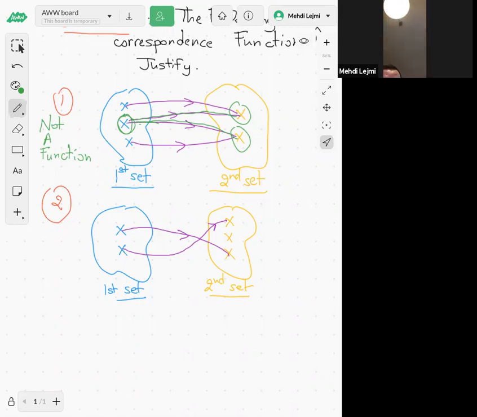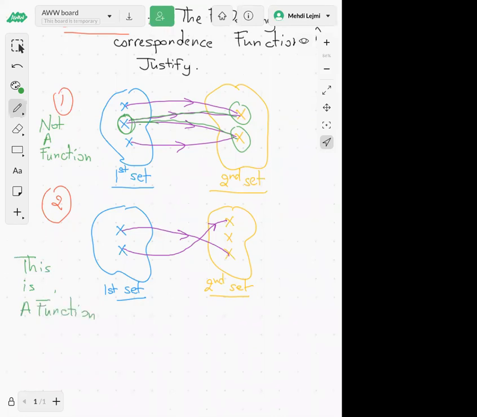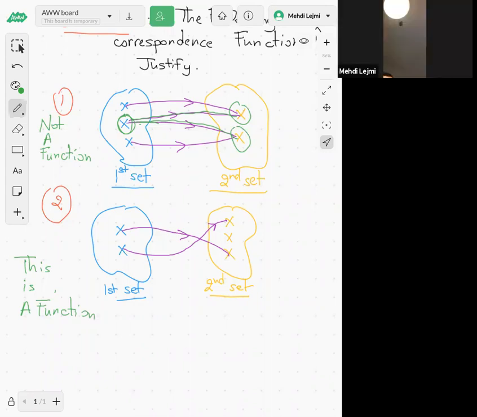For number 2, as you said, guys, number 2 is a function. This is a function because each input corresponds to exactly one output. This one here corresponds exactly to this output, and this point corresponds exactly to this one here.